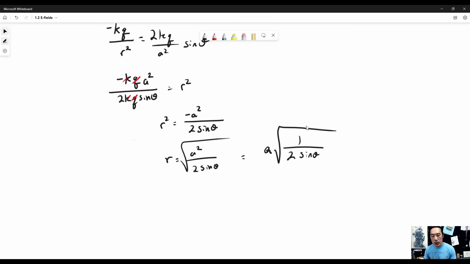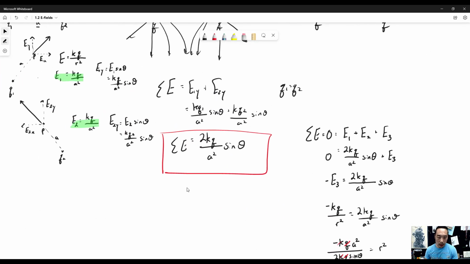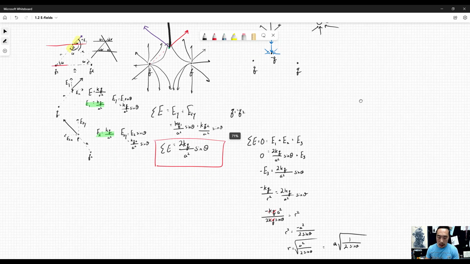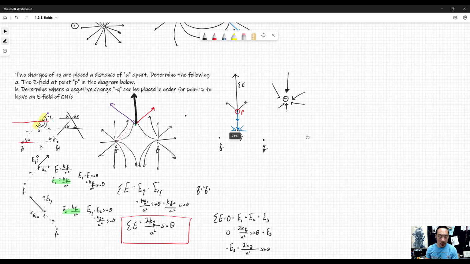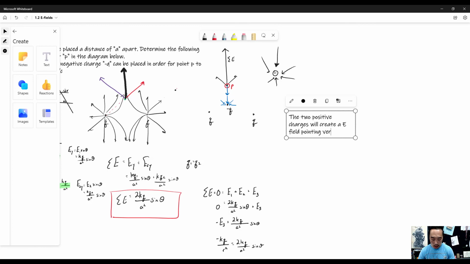All right, so that is just one problem that we just did. I'm going to actually write a little written statement about this problem. This is a practice that I want you to get used to because it does help out with the FRQs. So my written statement can be as simple as something like this. The two positive charges will create an E field pointing vertically upwards.